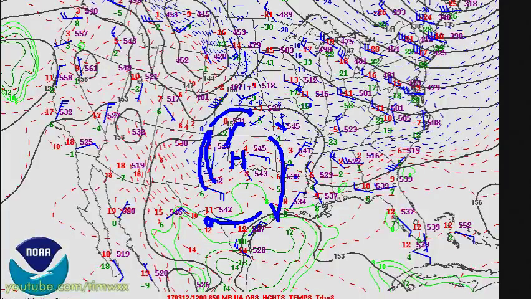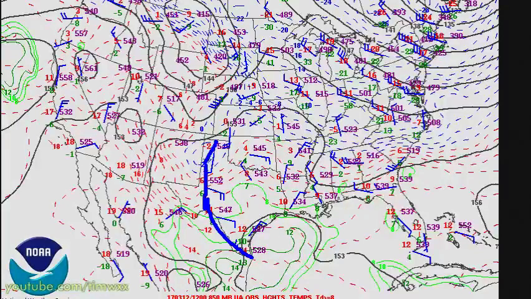If this high was a little bit deeper, reached further into the Gulf, we would actually have some return flow coming out of the Gulf and maybe the development of a low-level jet. In fact, it's kind of interesting, that 45-knot wind right there at North Platte. It's a little bit reminiscent of a low-level jet, but you can see that very strong thermal contrast right through here.